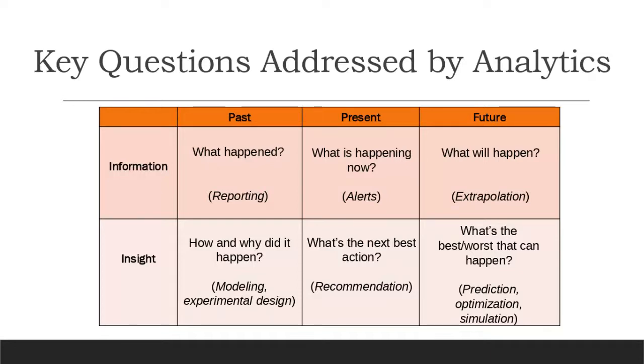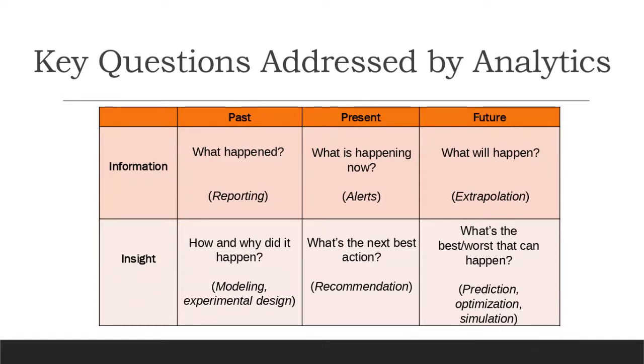So speaking about analytics, here are some key questions that are addressed by analytics. Remember, I talked about the data, the information that we get out of that data, and the insight, which is relative to the value that we get out of the data. So with information and insight, obviously we can look at the past.